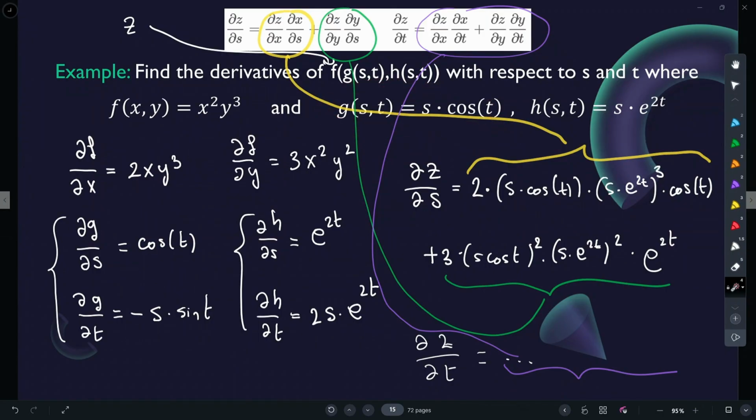My new x is here. So it's the derivative of x with respect to s, which is in here. The derivative of g with respect to s. When I take the derivative of this as a function of s, this is a constant times s. So the derivative is just the constant, which is cosine t. So this is the chain rule in the second case.